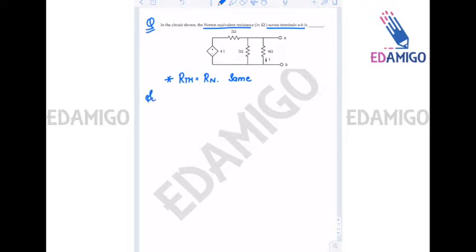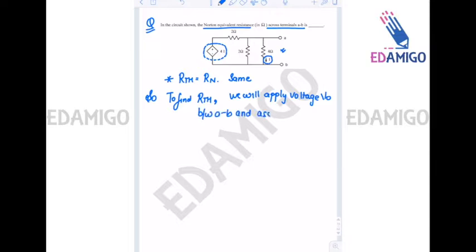Since in this circuit there is a dependent voltage source that is dependent on the current in this branch, to find RTH, since the circuit has dependent sources, we will apply voltage V0 between terminals A and B and assume current I0 from the source, and RTH will be V0 upon I0.